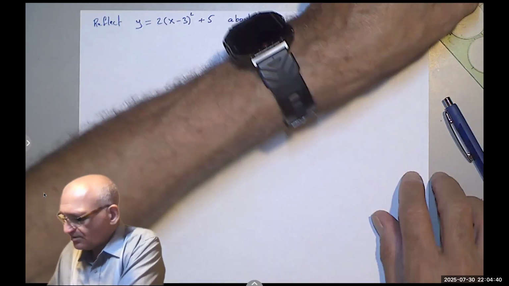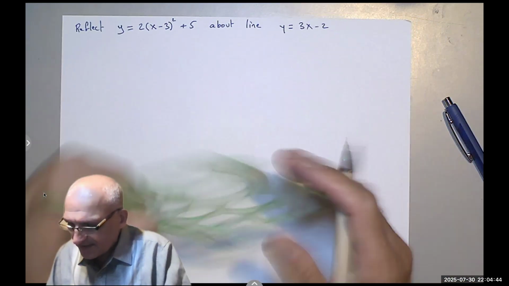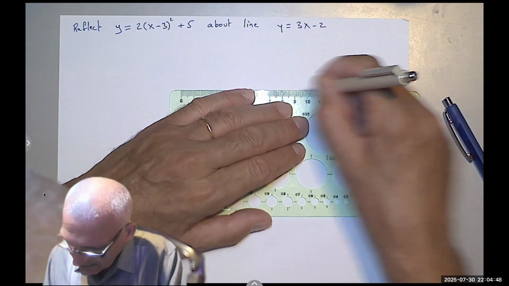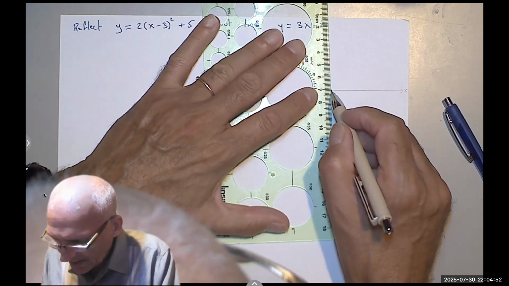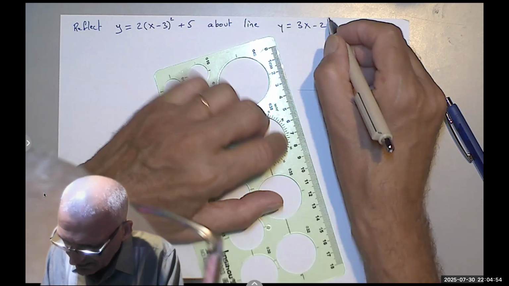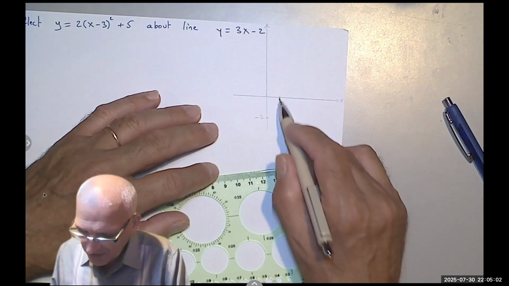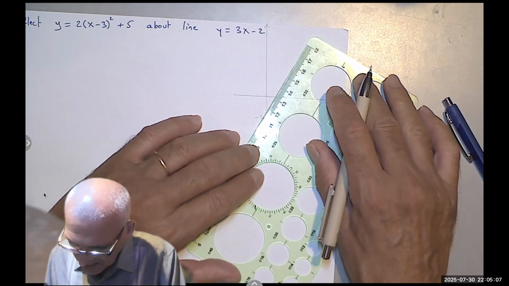Okay, so the line looks something like that. I'm not going to scale. I don't want to waste time. So just get an idea. Here is my x. Here is my y. Let's say this is the -2. And it's going 3. So at 1, it's at 1, something like here.